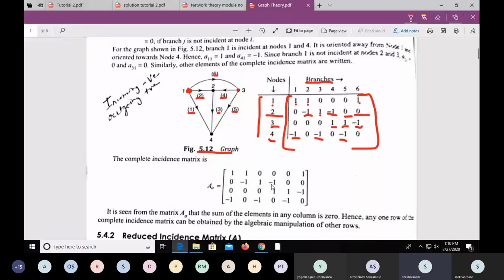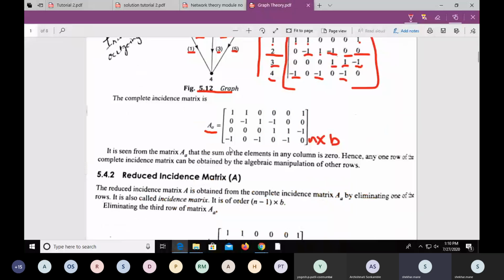And this is called the complete incidence matrix A, which is of order n cross b: n rows, b columns. And you can see the sum of these rows in each column is always 0.